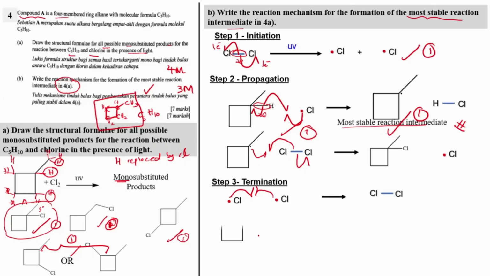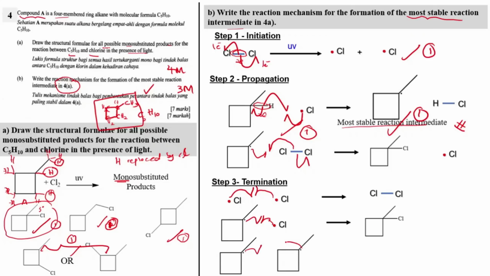Or we can say that the cycloalkane radical will react with the chlorine radical in order to produce our major product once again, which is here. Or you can also say that the cycloalkane radical will react with another cycloalkane radical, like that and like that, in order to produce an alkene here.